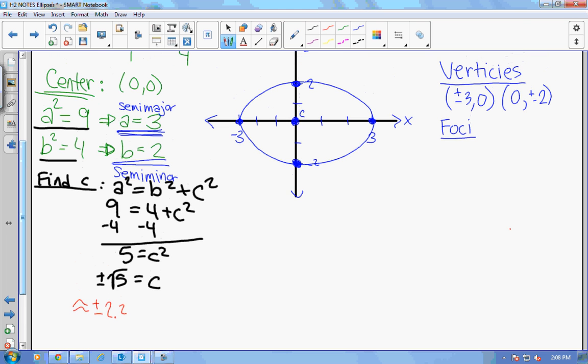So from the origin, we need to go to the right 2.2, and I'm going to label it root 5. This is one of them, F1. And from the origin, I go to the left 2.2. I'm going to label it negative root 5. And that's F2. That's how we find our foci. So the points would be plus and minus root 5, comma 0.